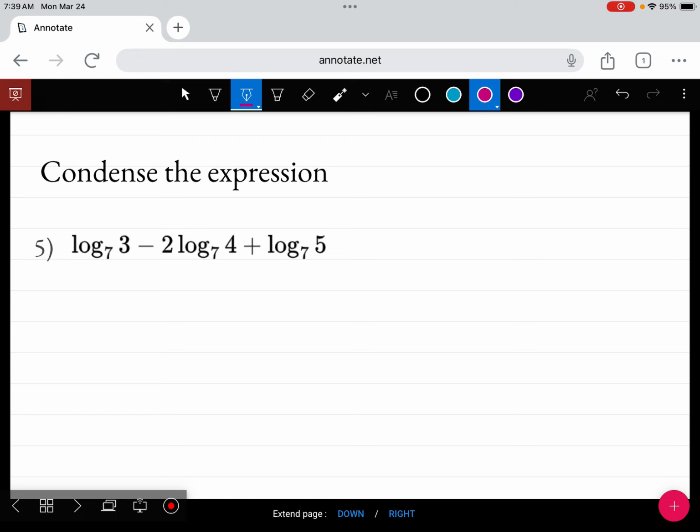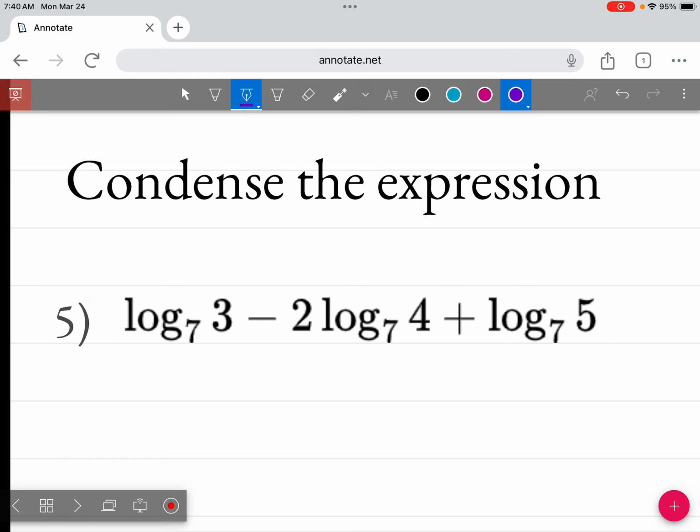This one has a very, very tricky bit on it, but it's not super tricky at the beginning. So here's number 5. We're going to start by taking our coefficients and making them powers. I do have one coefficient in here that we're going to use. We've got this 2.